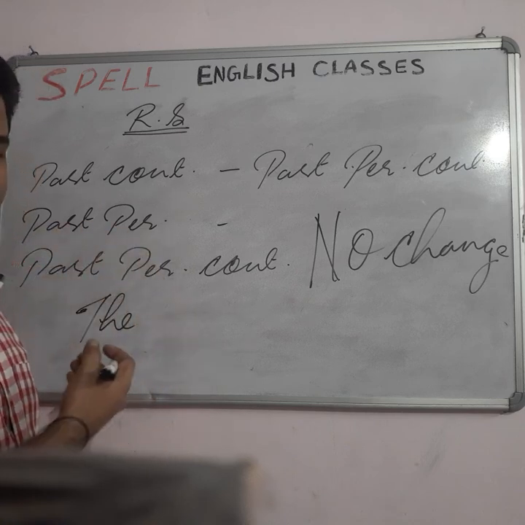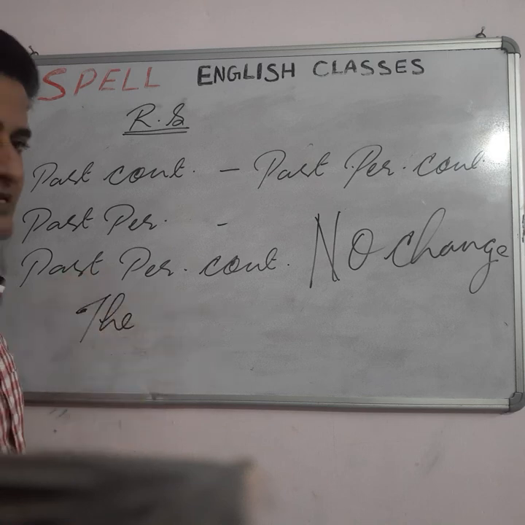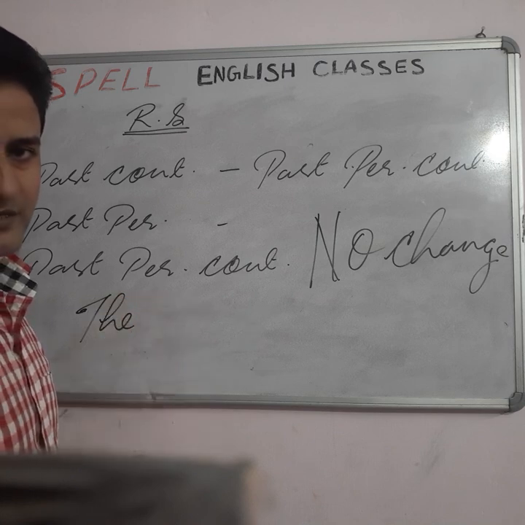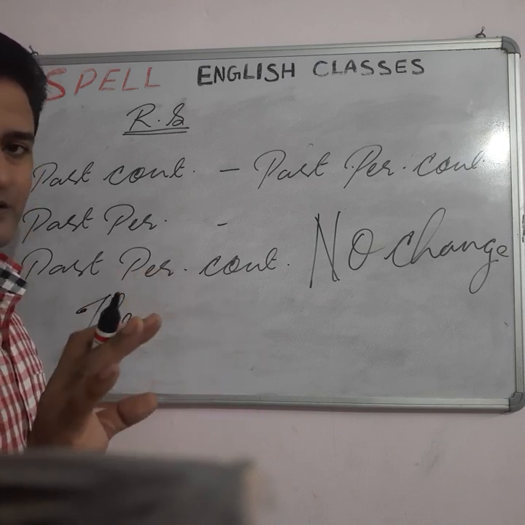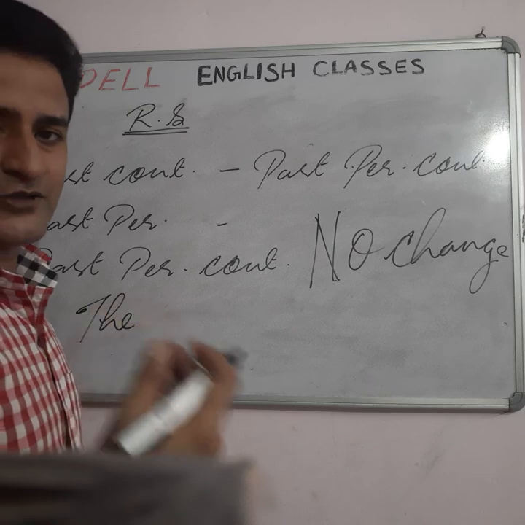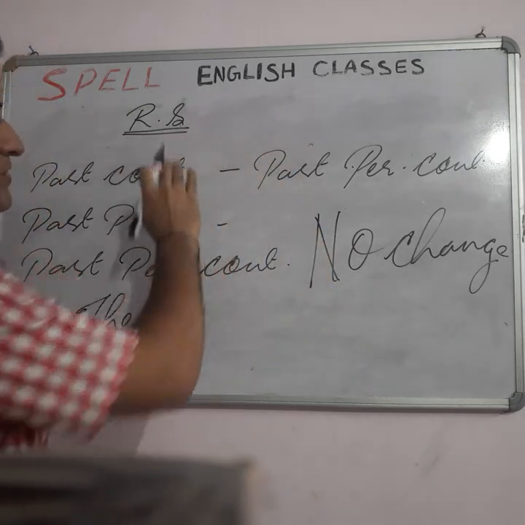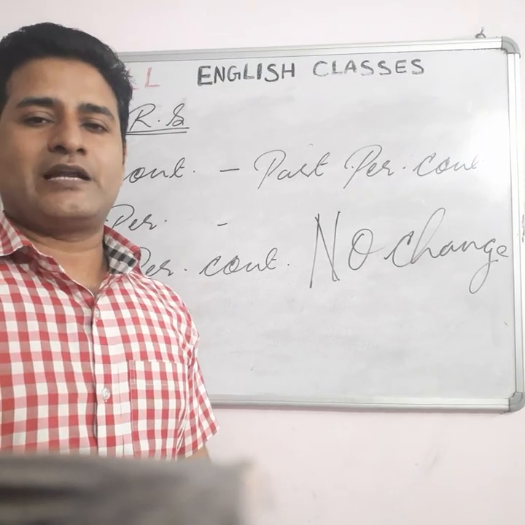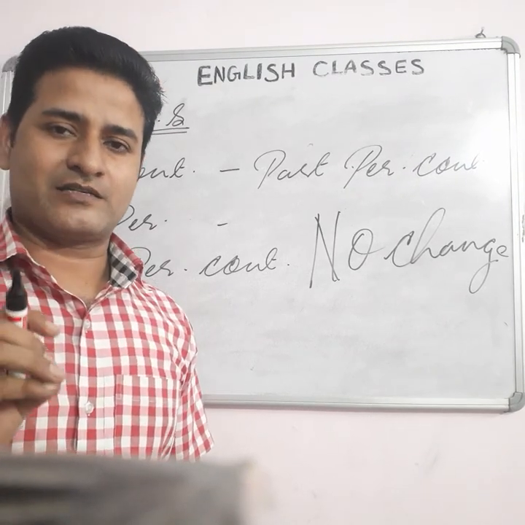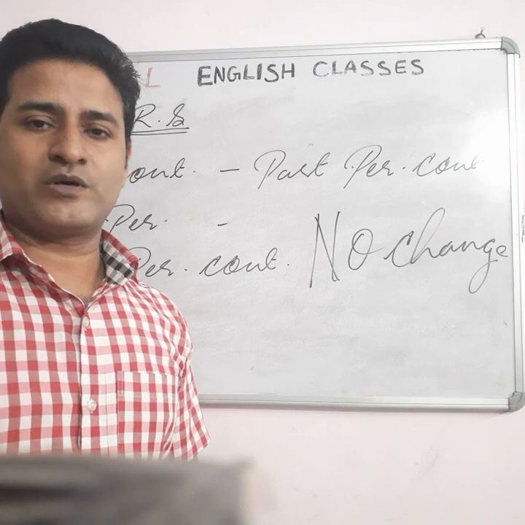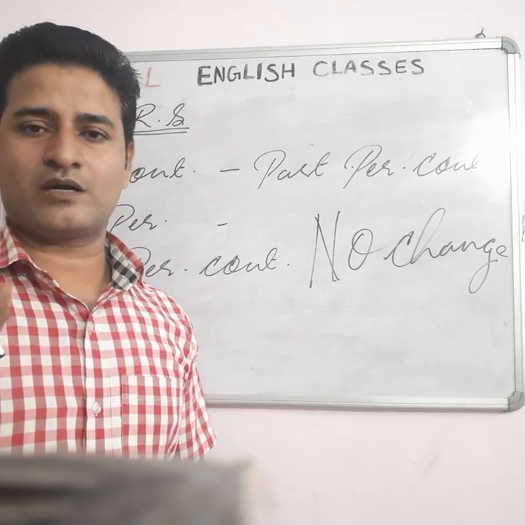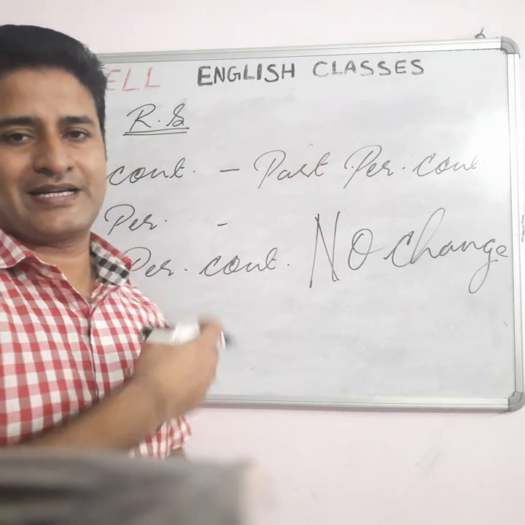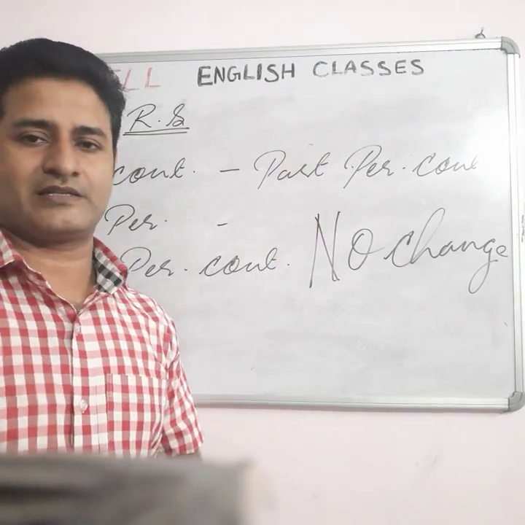If the sentences express some kind of universal truth, the sun rises in the east, who doesn't know in the world the sun rises in the east, we need not carry forward any kind of change to the reported speech part while narrating it, because those are universal truths, universal facts. Even though the reporting verb is in past tense, we need not carry forward any kind of change to the next part, as we did in the case of other classifications of sentences.